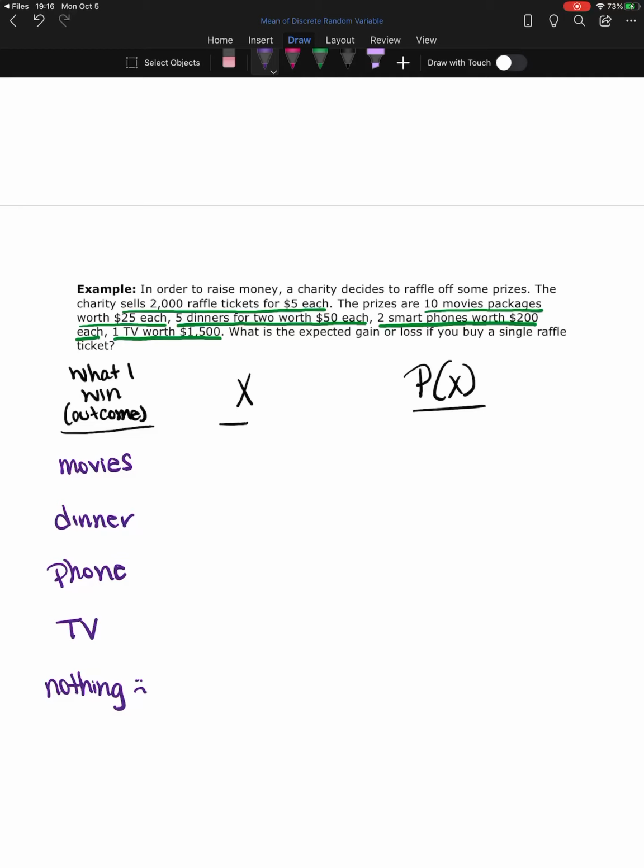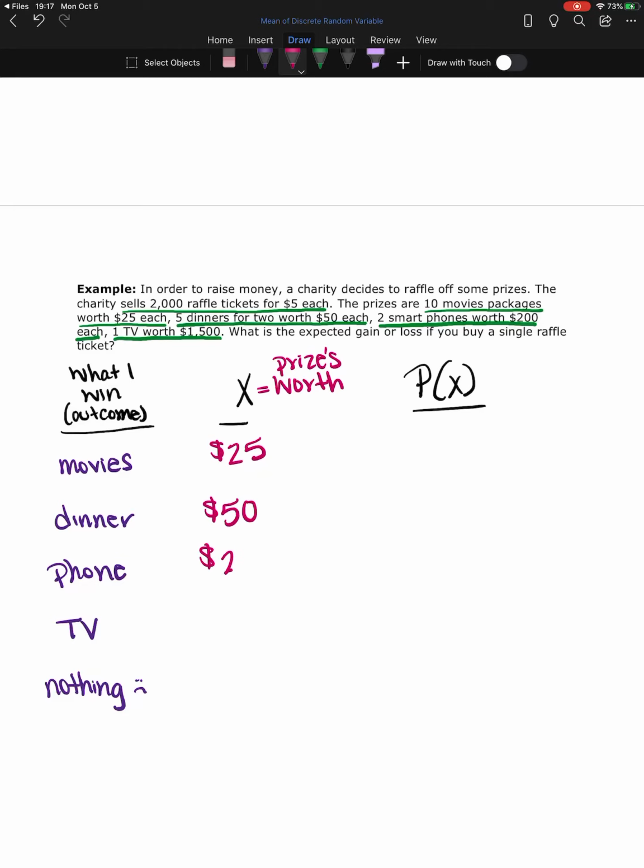So now, what I win is the movie package. The X value for the movie package is going to be the worth. How much this prize is worth. So the movie package, each prize is worth $25. Each individual dinner package is worth $50.